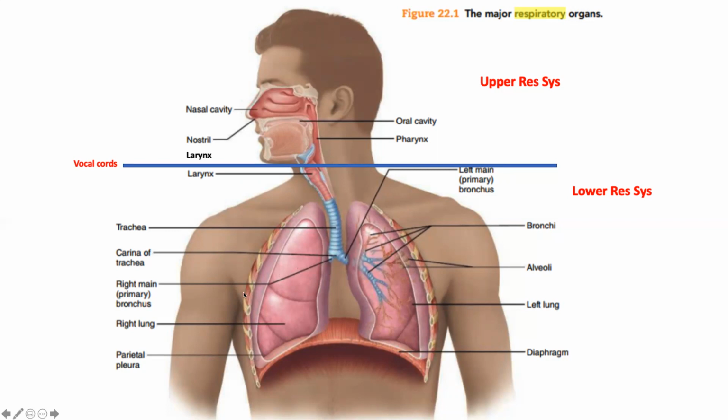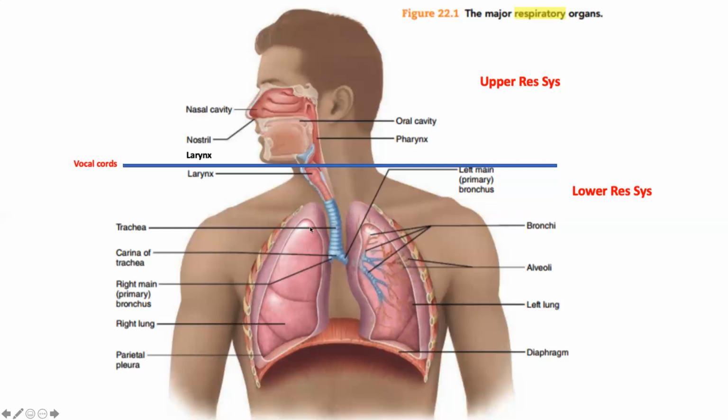One layer, the parietal layer, is lining the thoracic cavity, and another layer is the visceral layer, which covers the lung substance immediately. The space in between these parietal and visceral layers is called the pleural space. It is just a potential space which is filled with a small amount of flimsy pleural fluid.